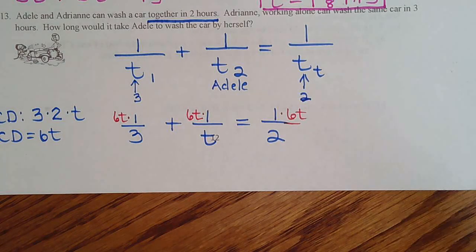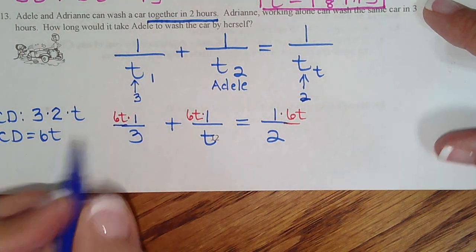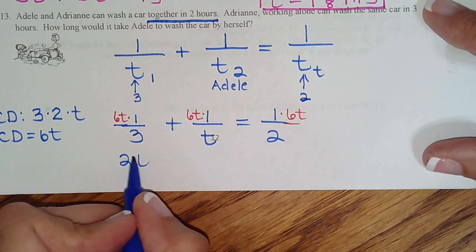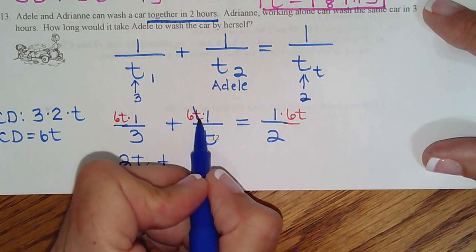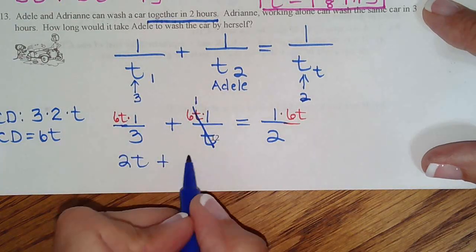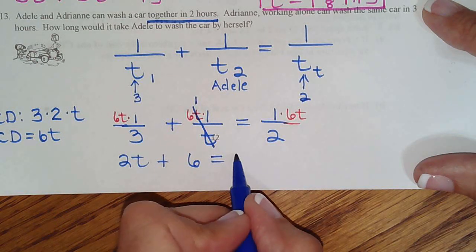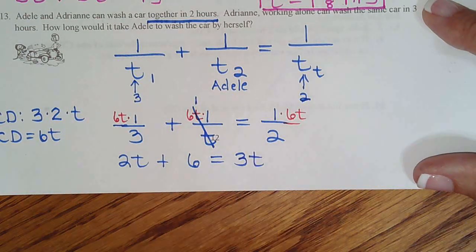Almost there. So now multiply the numerators, then divide. 6t divided by 3 is 2t. Here the t's cancel, so I just get 6. Equals 6t divided by 2 is 3t.